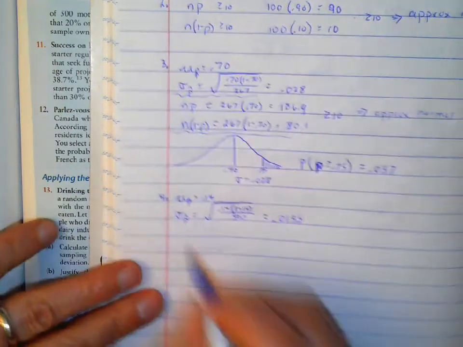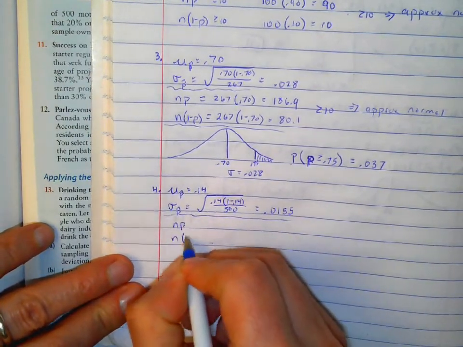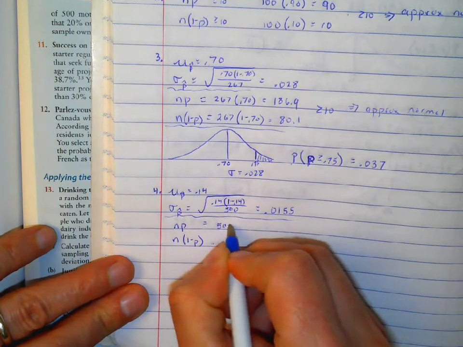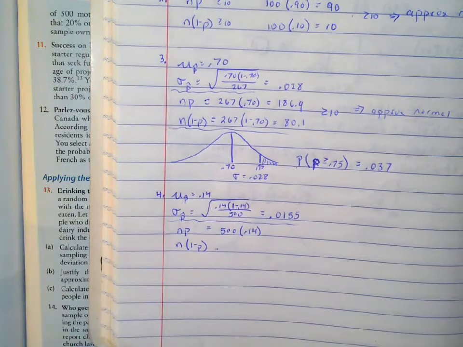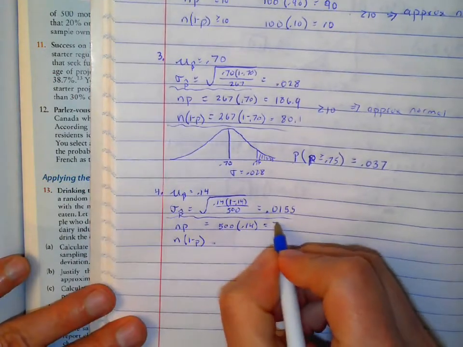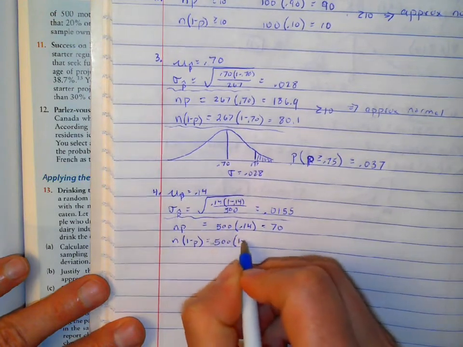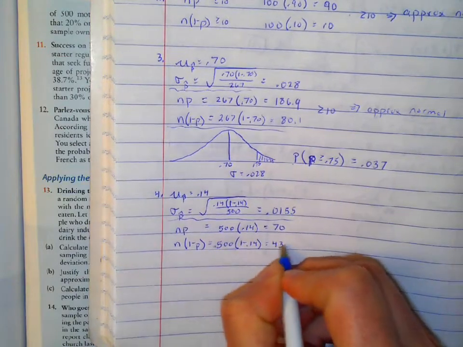Check for normal, n times p and n times 1 minus p. So 500 people, proportion is 14%, would be 70 people. And then 500 people times 1 minus 0.14 would be 430 people.